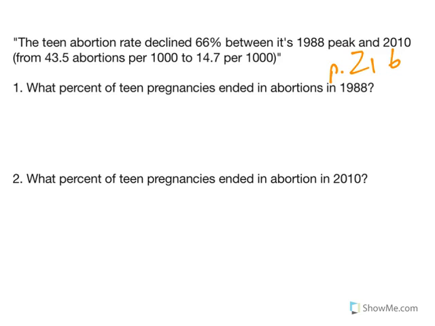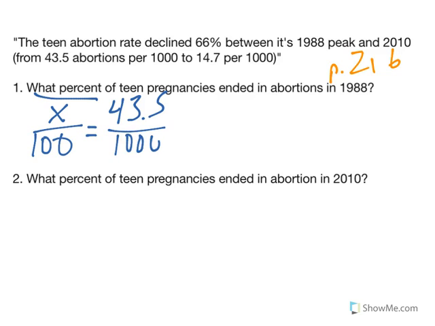So the first thing is, what percent of teen pregnancies ended in abortion in 1988? Well, there's a couple different ways you can think about it. And in my class, we do a lot of proportion work. So when I see what percent, that makes me think x over 100. And on the other side, part to whole, in 1988, we had 43.5 over 1,000.